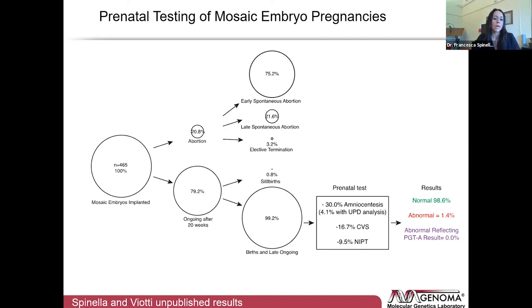For example, the case report published by Professor Vahraman in March of this year demonstrated that in some cases the transfer of a mosaic embryo may result in a mosaic fetus.